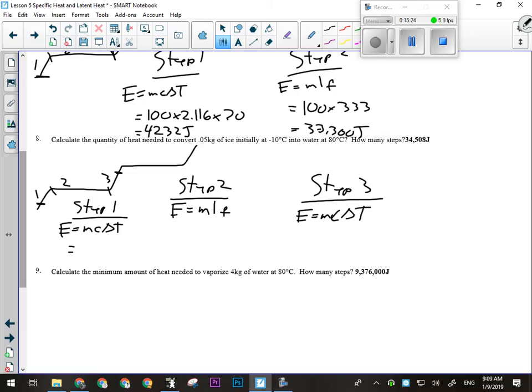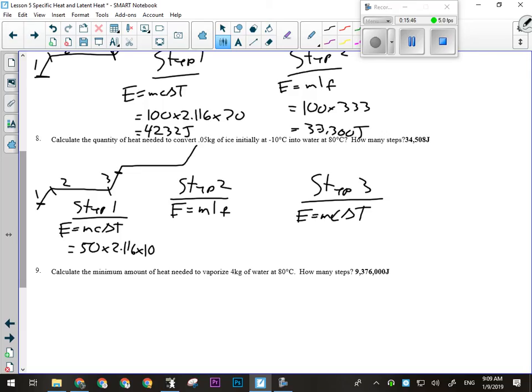The mass here, 0.05 kilograms, is 50 grams. A little bit of metric conversion stuff here. So 50 grams times, again, 2.116 joules per gram degree Celsius for ice. And how much am I changing the temperature of the ice by? Just 10. It's going from -10 to 0.